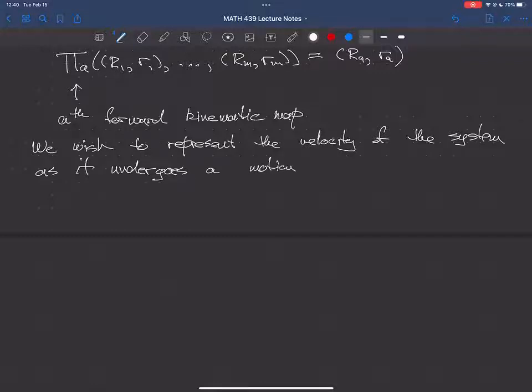And now a motion is going to be a curve, and I'm going to call the curve gamma. And so gamma is going to be in Q. Okay, but gamma's in Q, which is also in Q free, and so we simply write, of course, this motion.